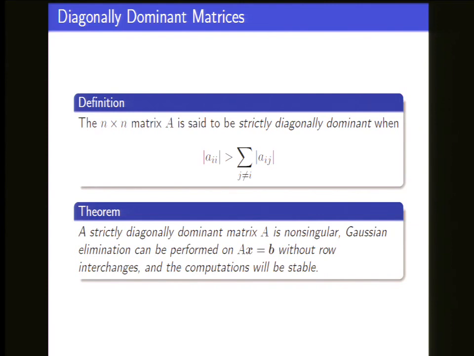Okay? So an example would be 5, let's make it just diagonally dominant: 5, 3, 2; 1, 2, 1 minus... 0, 0, 3, 3. This is diagonally dominant, but not strictly.